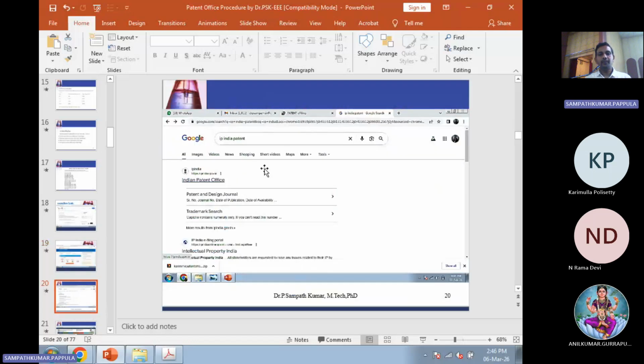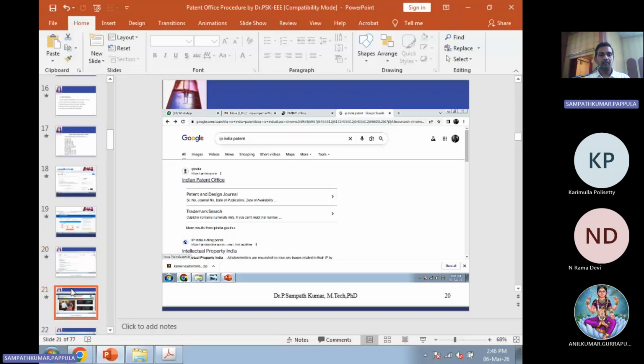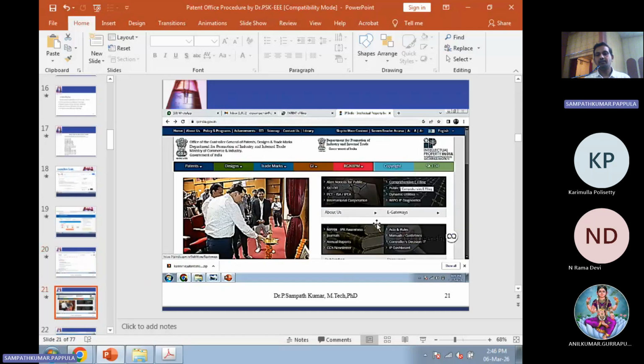So after that, you need to use the Indian Patent Office link, or type IP India patent. Then you'll get the Indian Patent Office like this, right, in Google. So click on it, you'll get a page like this. Okay.